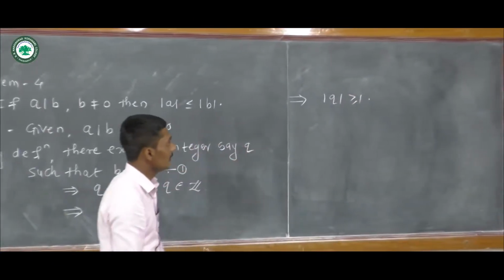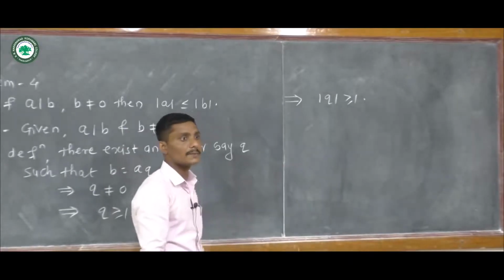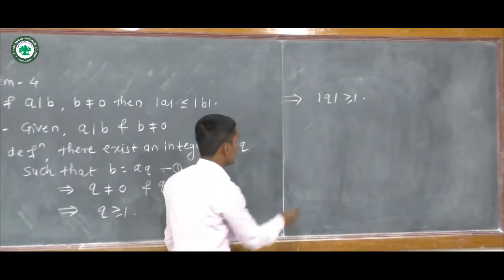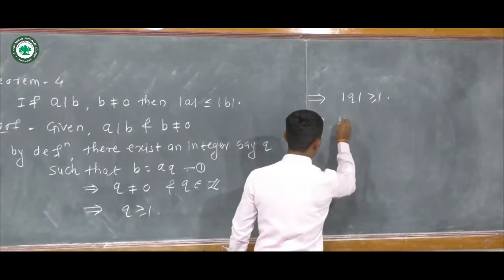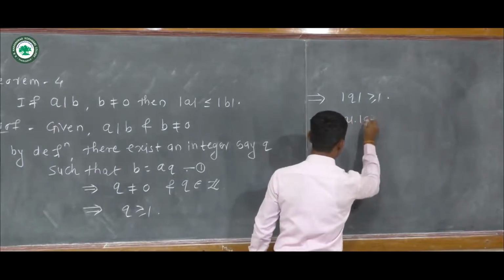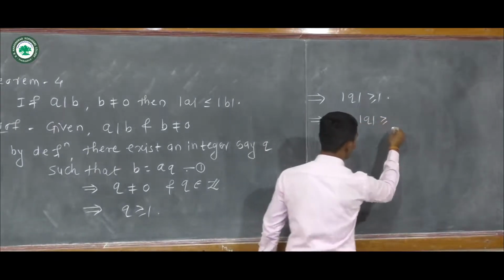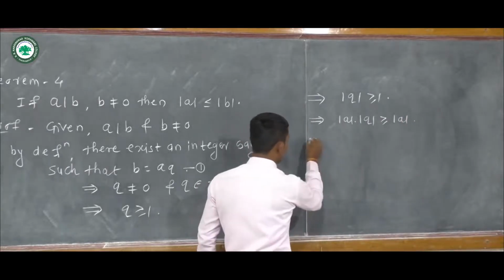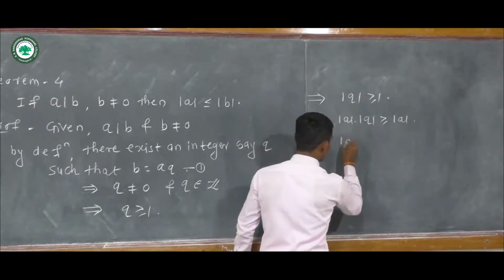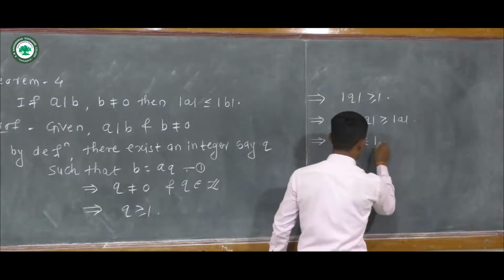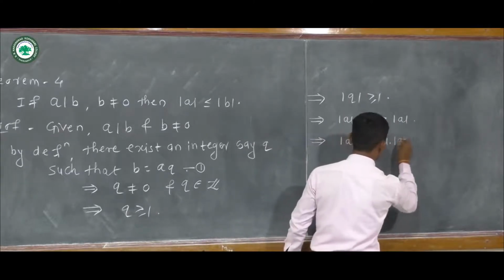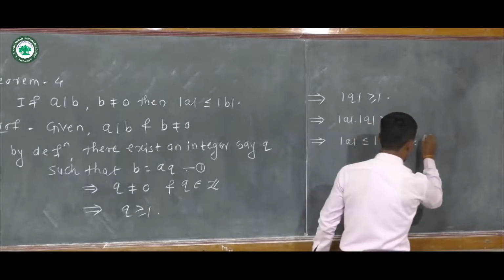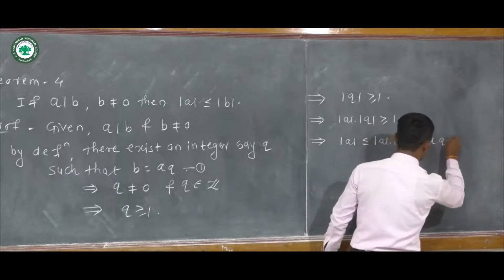Now multiply both sides by the absolute value of a. This implies the absolute value of a into the absolute value of q is greater than or equal to the absolute value of a, and we rewrite this as the absolute value of a is less than or equal to the absolute value of a into the absolute value of q, which is equal to the absolute value of a into q.